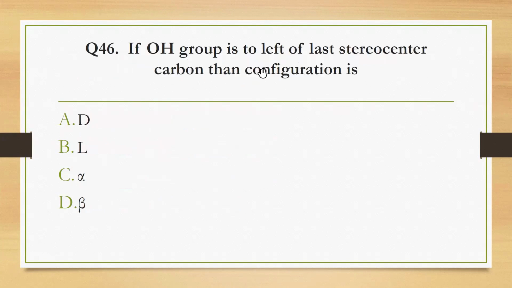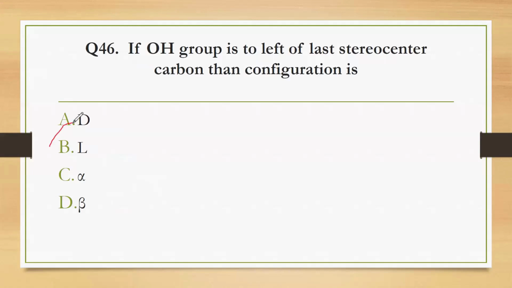And then, if the OH group is to the left of the last stereogenic carbon, that configuration is called L configuration, and for the one at the right, it is called D configuration.